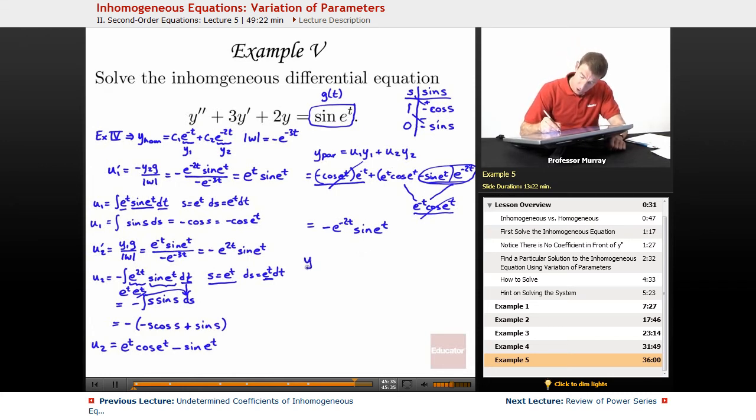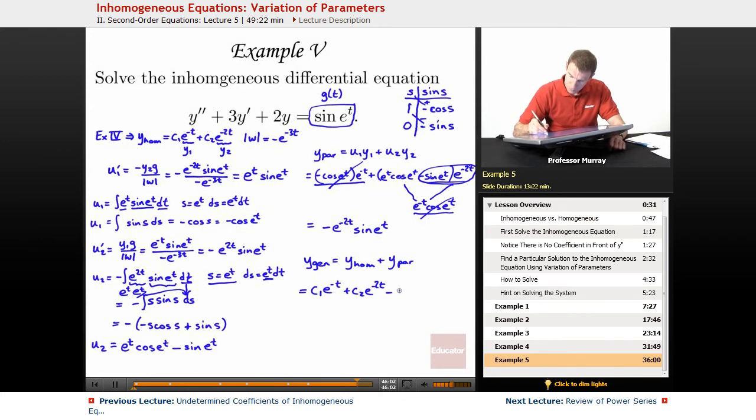My general solution, remember, is the homogeneous solution plus the particular solution. And so the homogeneous solution we already figured out back in example 4 was c1 e to the negative t plus c2 e to the negative 2t. And now I'm going to add on the particular solution that we just worked out.